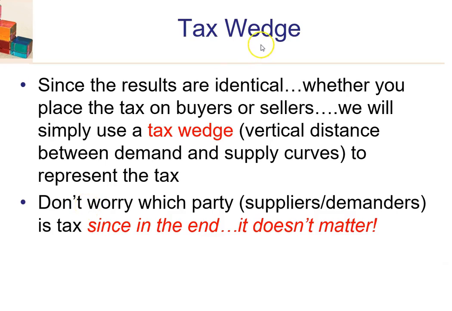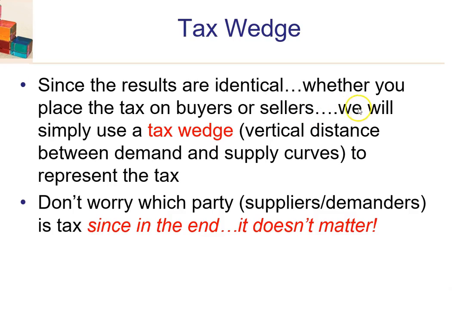So we're using now a tax wedge instead of shifting demand and supply curves, because the results are the same whether you place a tax on the buyer, there's a video for this, or whether you place a tax on the seller, there's a separate video for this.